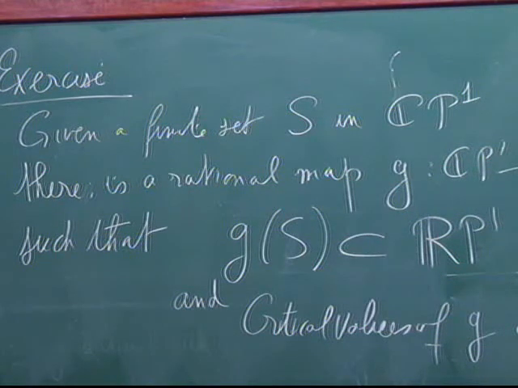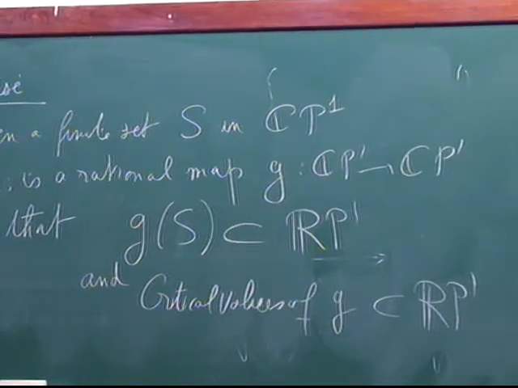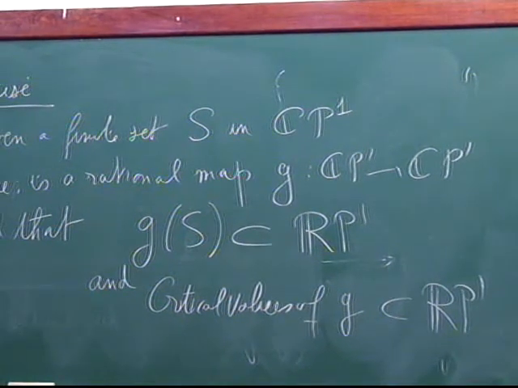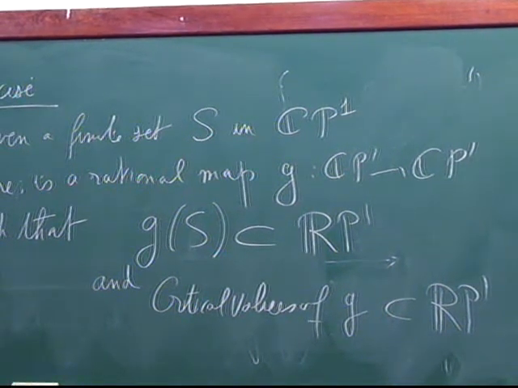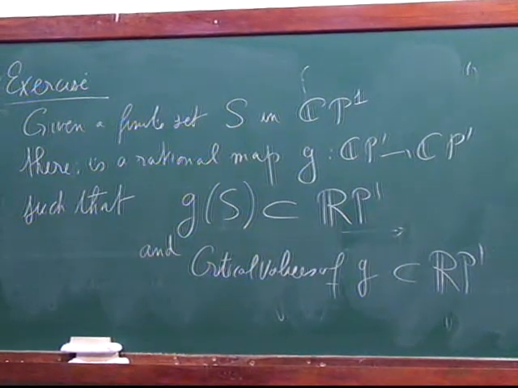I give you a finite number of complex numbers, and your duty is to find a rational map that sends these complex numbers to real points. Easy. But you want to do that in such a way that this rational map has only real critical values.